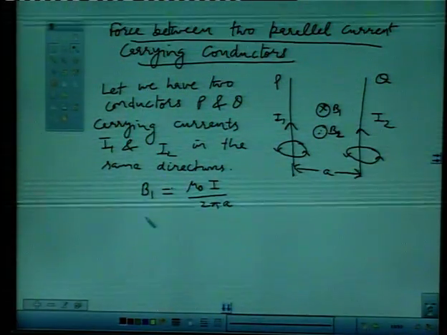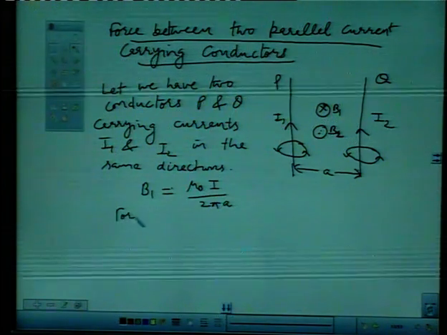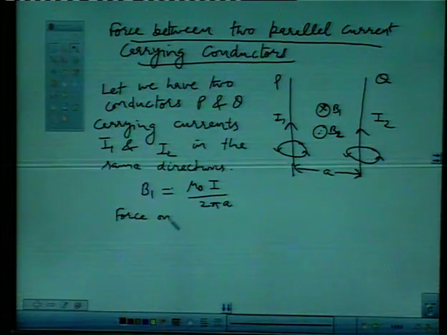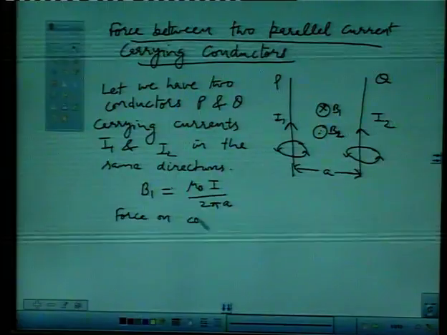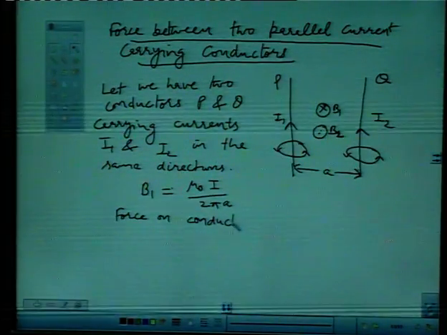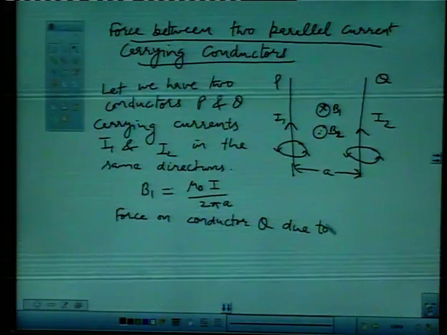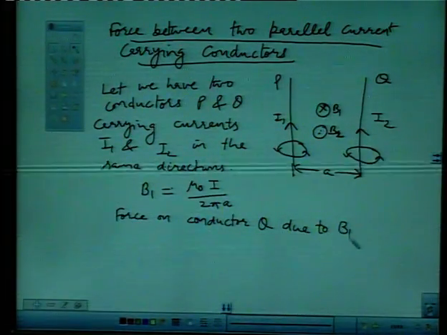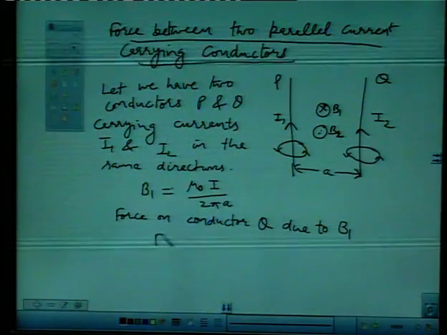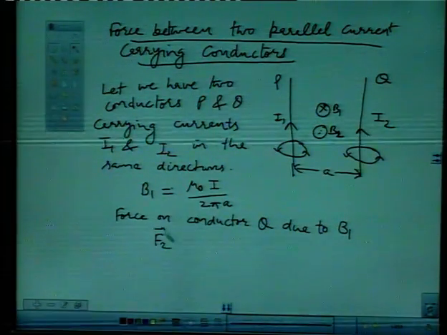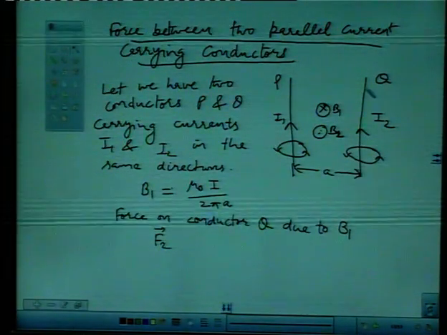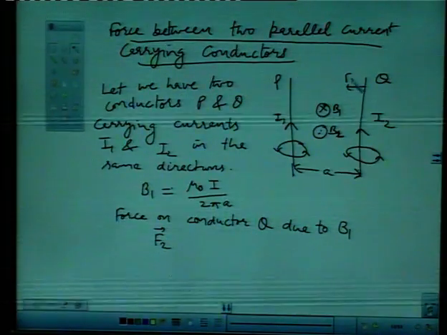Now, we have to find the force on conductor Q due to magnetic field B1. The force on the conductor Q is F2. This will be like this.